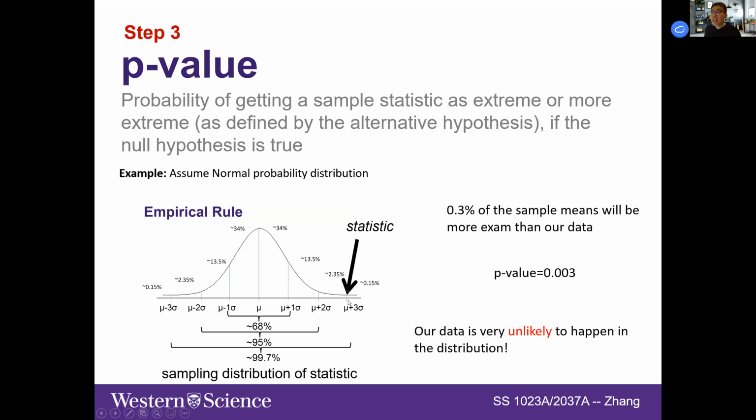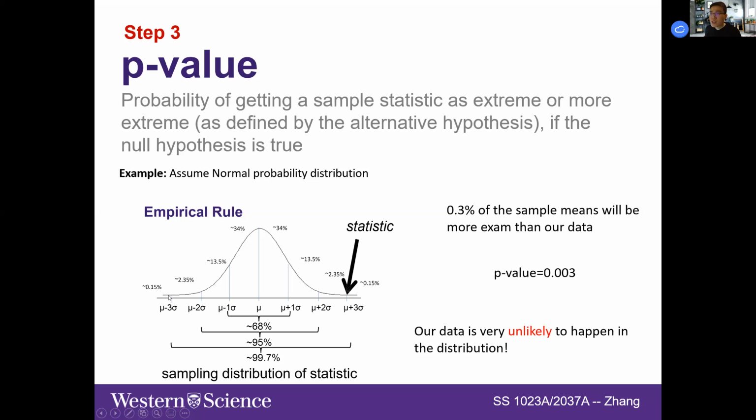If we know that our sample data is 3 sigma away from the mean, then we can compute the p-value according to this empirical rule, because the p-value is the probability that we get more extreme data than our current statistic. What do we define as more extreme? It is given by this region, because here the mean will be even larger than our current one, and in this region the mean will also be farther away from the mean than our current one.